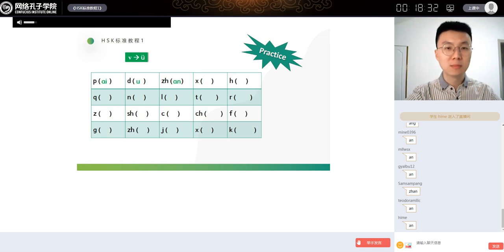歇. Yes, very good. It's 耶, right? Do you remember we learned one word with this pinyin?